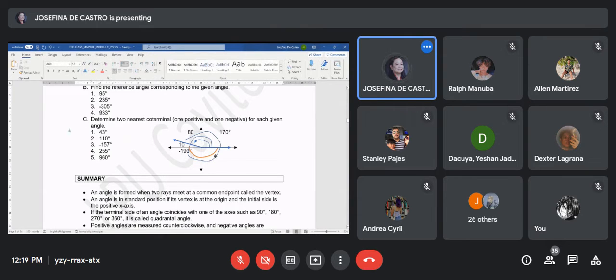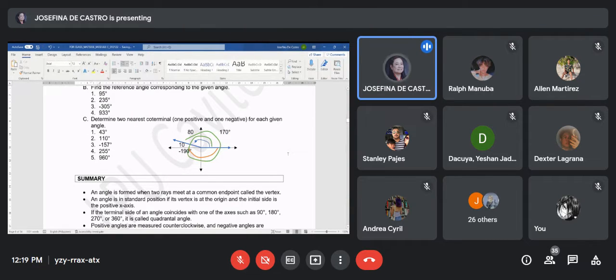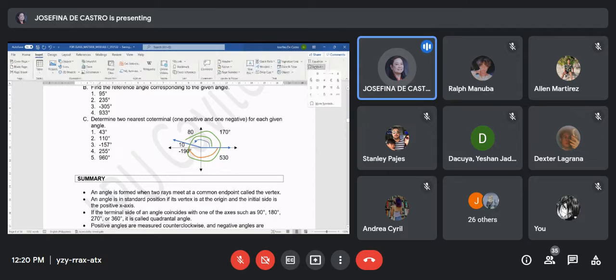Okay po. Yung kulay orange, yun ang nearest negative at ang nearest positive mo ay positive 530 degrees. Intindihan po ba?